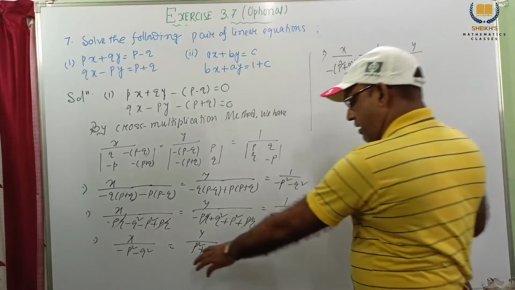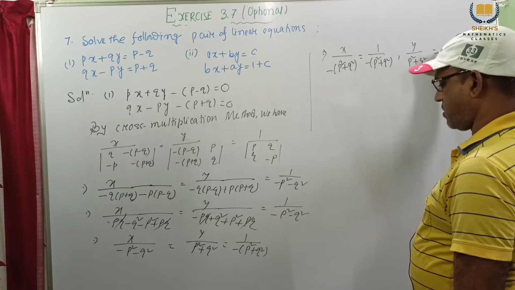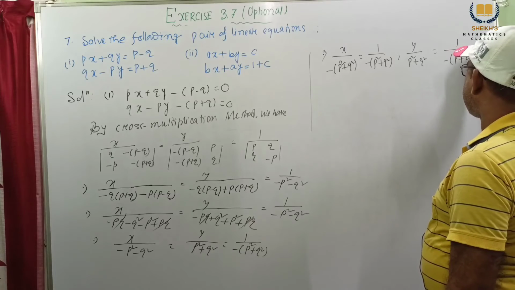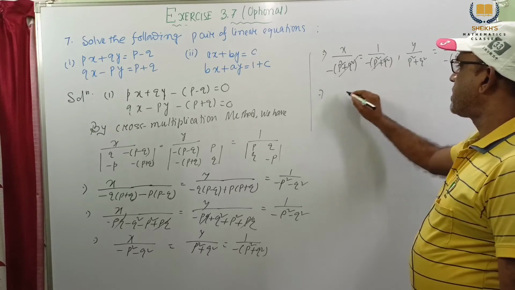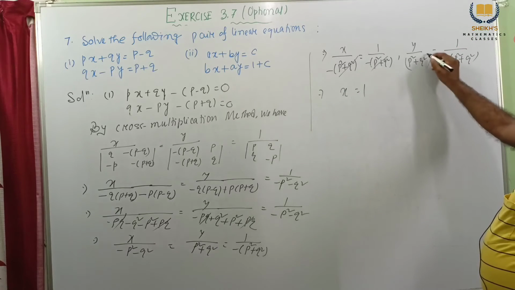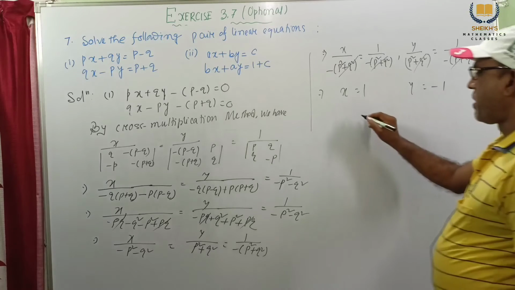Y by p square plus q square equal to 1 by minus p square plus q square. This implies these two are like terms, cancel, x equal to 1. This also like terms, cancel, y equal to minus 1.